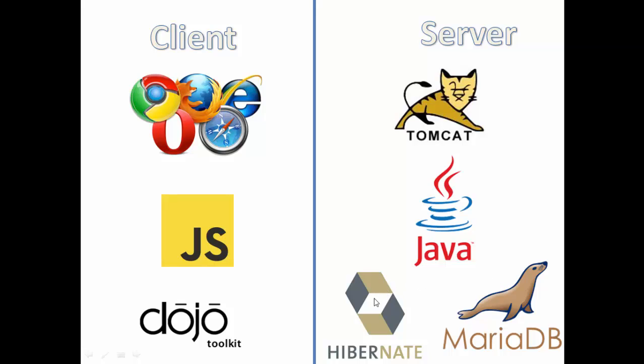And Hibernate is a set of tools that allow Java to work with MariaDB more easily, because it's like translational software, or it's actually called object relational mapping. So Hibernate sits in the middle of the database and Java, and it really makes querying and making the applications in Studio really easy and very convenient.